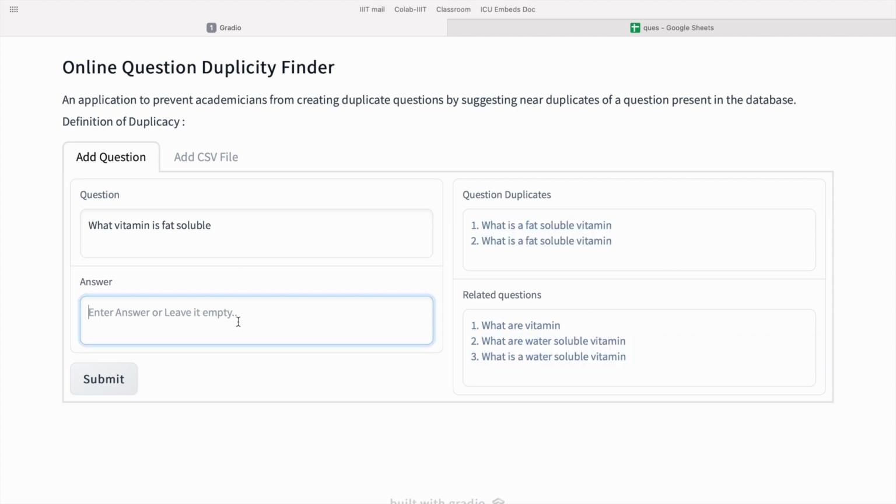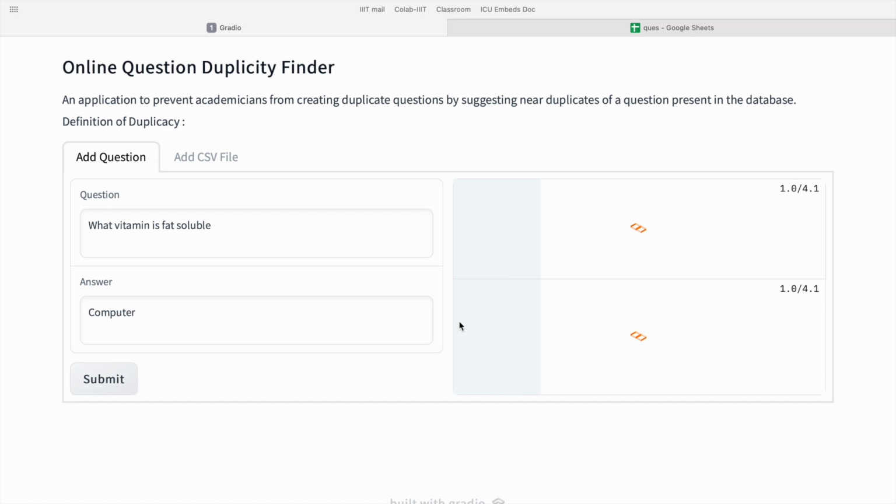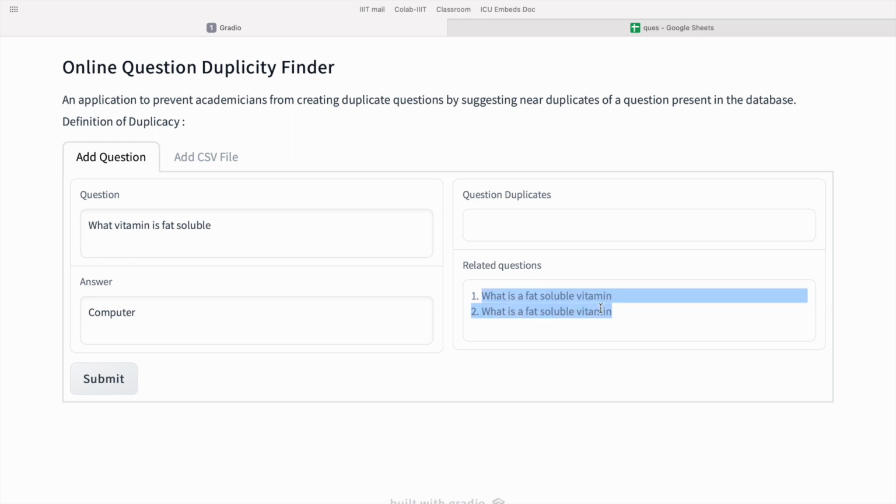Now let us assume that we provide an answer which does not make sense at all, say computer. We say computer, and the output is showing zero question duplicates. However, the duplicates that we saw before are in the related questions.